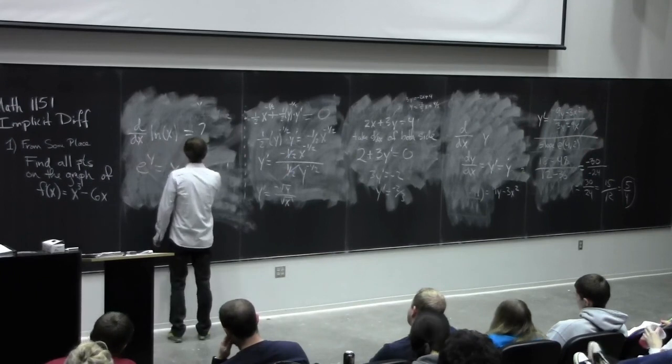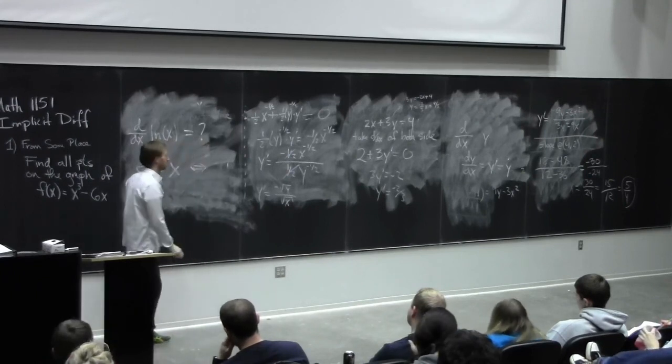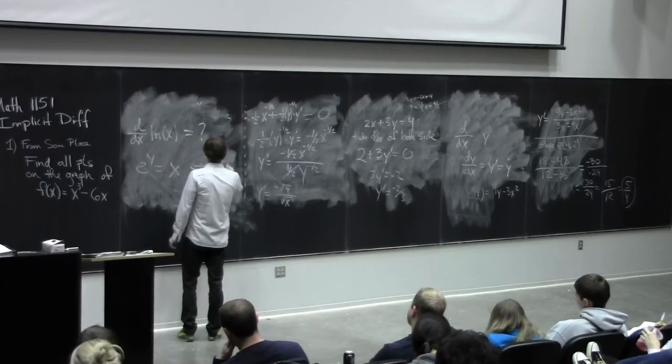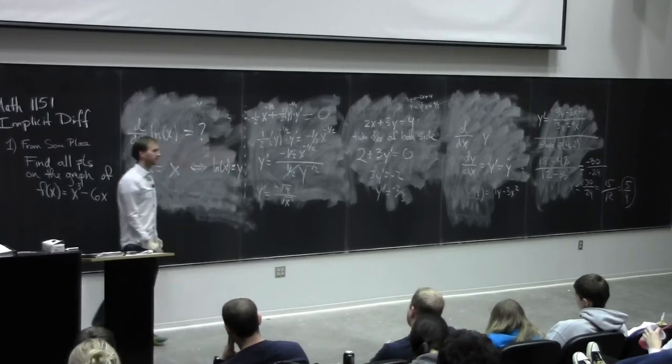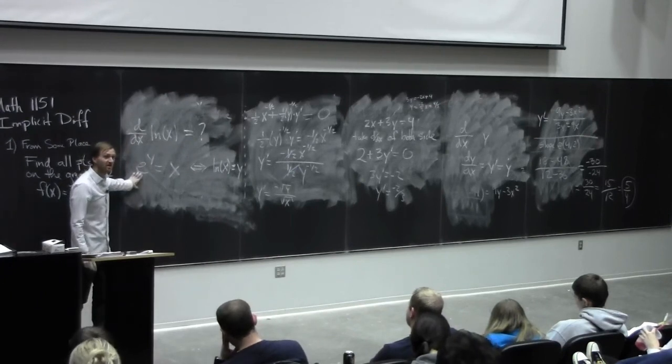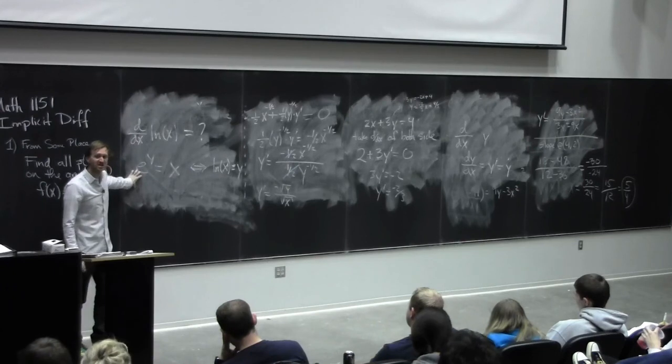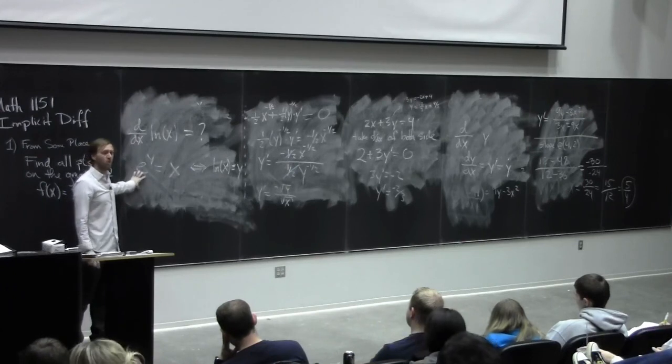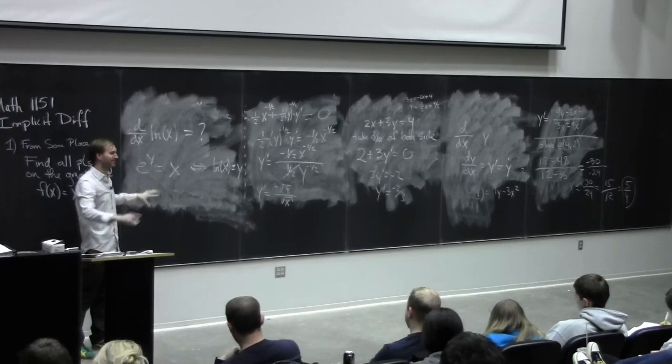This is true when natural log of x equals y. Is that right? Look at this. We can use implicit differentiation to compute y prime here. Think about that. This is foreshadowing for Friday.